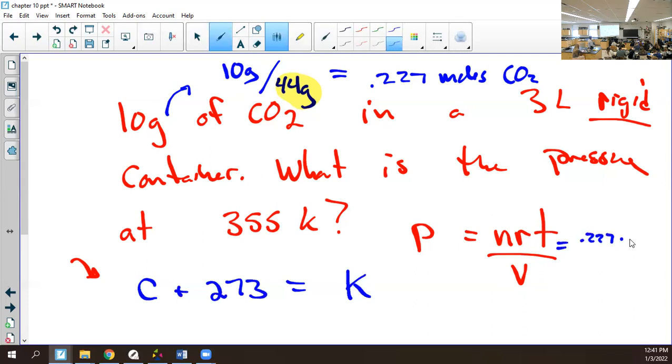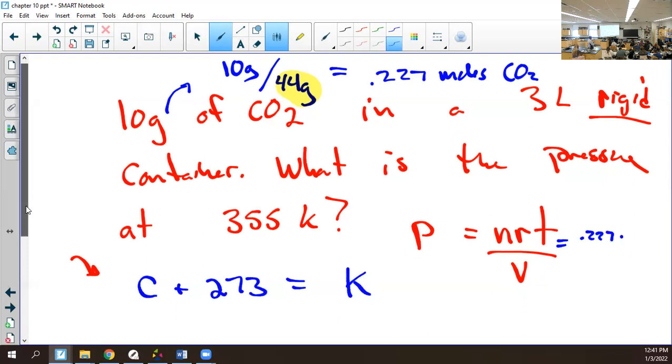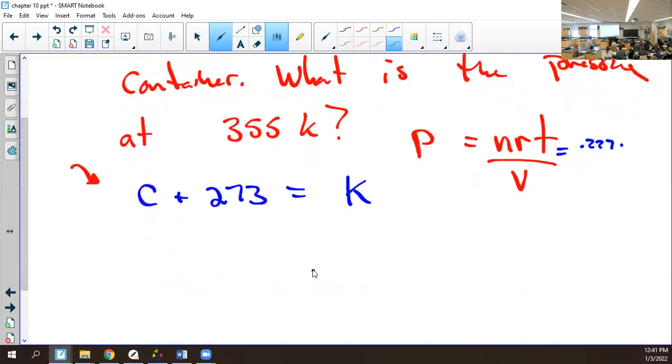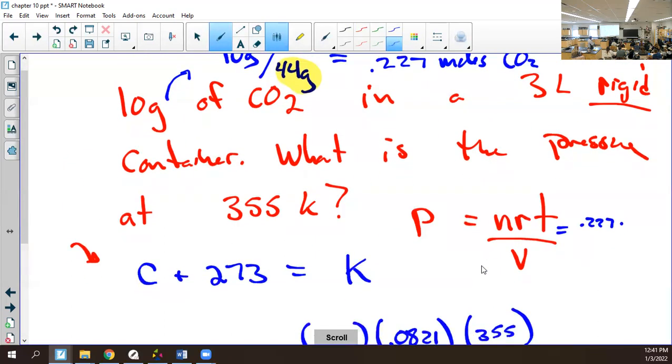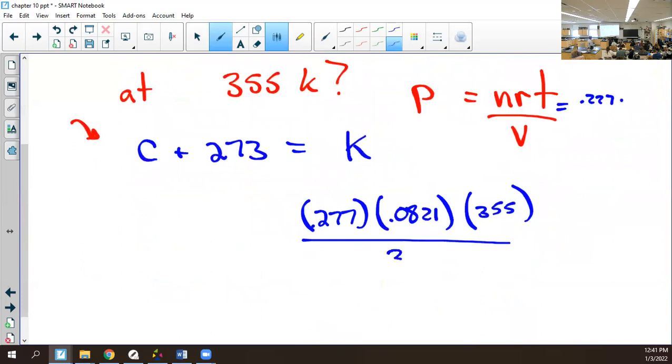0.227 times, there's not enough room. I'm going to go down here. 0.227, that's your N. R is 0.0821. And then T, it gave me 355. And my volume was 3. And I just type it in.